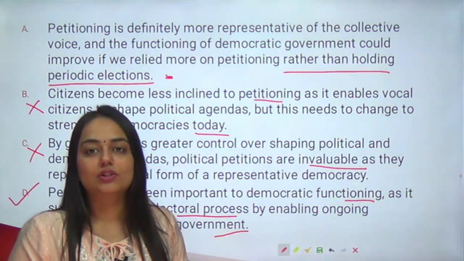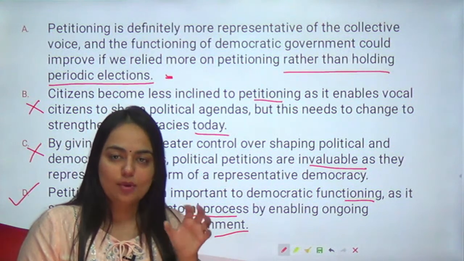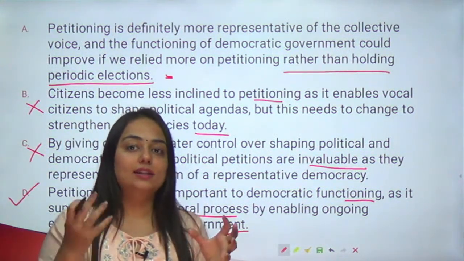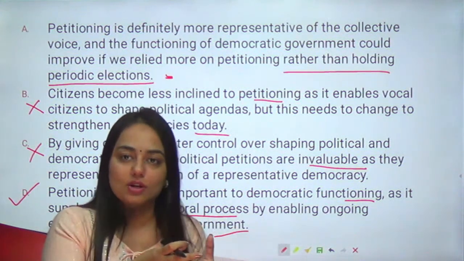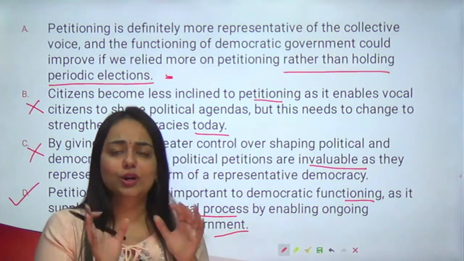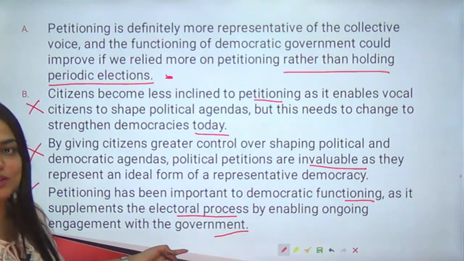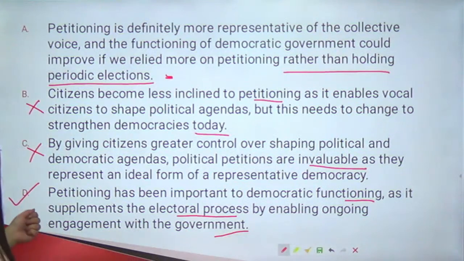It wasn't about this. The author simply mentioned some of the factors or characteristics of petitions and then said that it should be integrated into our democratic system. But it shouldn't be replacing the electoral process. This makes D the best choice. A balanced one.